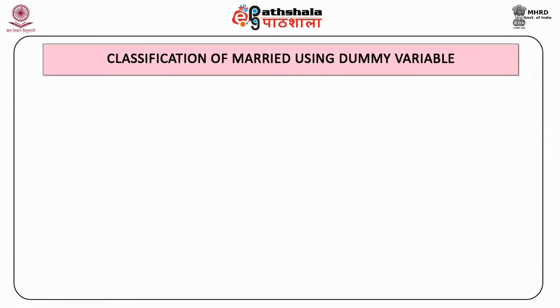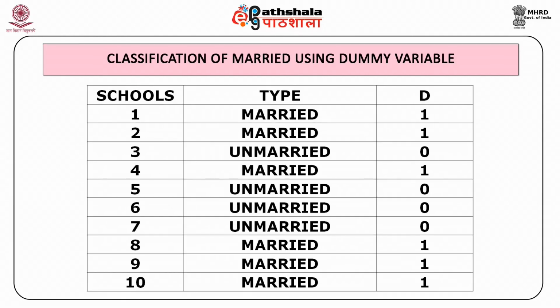As mentioned earlier, this example has two qualitative variables with two different categories, namely one, marital status with two categories, married and unmarried; two, region of residence with categories South and all other regions together. This simple table explains how we can simplify the regression by the use of dummy variable D for representing marital status.